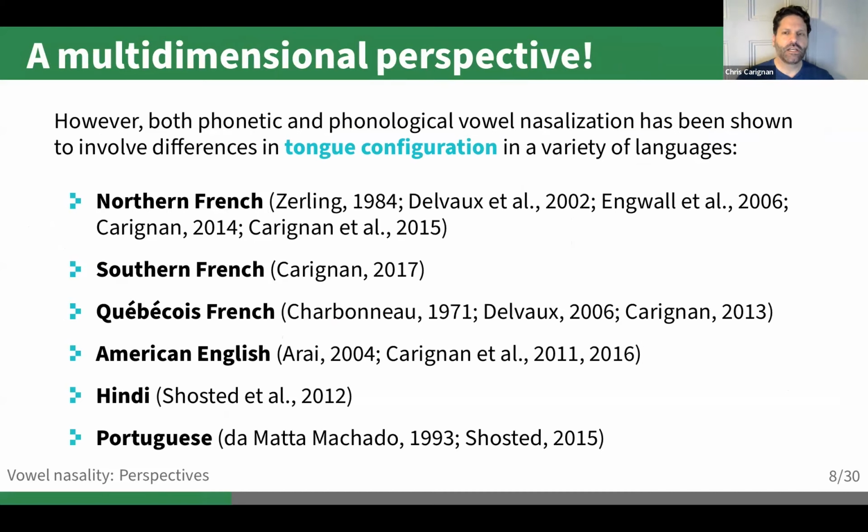In particular, this question about the state of the oral cavity is really interesting because it's been found, in work that I've done and work that other people have done in both phonetic and phonological vowel nasalization, that there are differences in tongue configuration when you compare these assumedly same vowels that are only changed with respect to the velum. This isn't the case. There are changes with respect to the pharynx, or shape of the tongue, or even configuration of the lips.